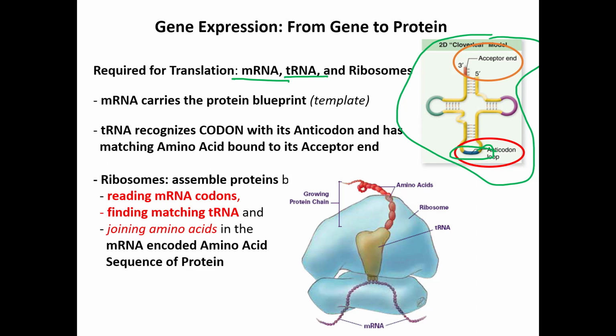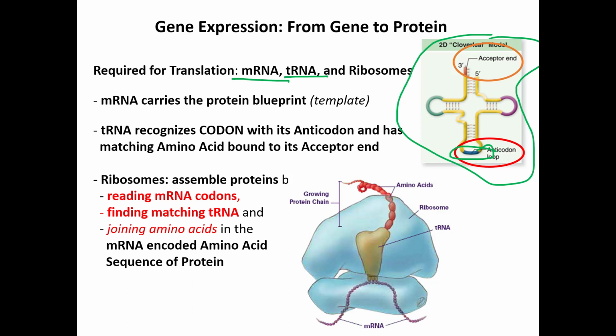So here we have a whole number of different tRNA molecules that are able to recognize codons on the mRNA by being complementary in the base pairing, like we have seen between the coding and template strand of the DNA.